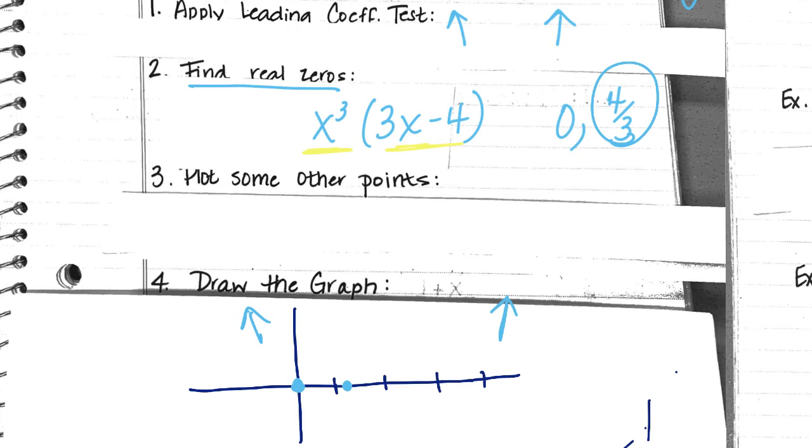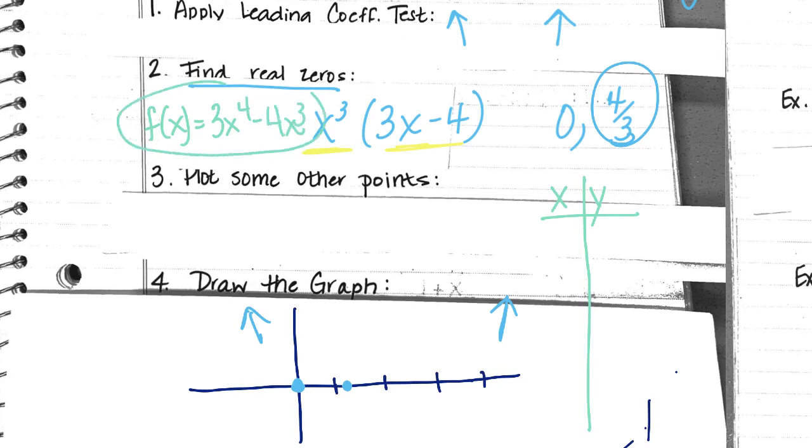erase those because I'm going to show a different graph. But the next thing says to plot some points. Well, I've lost my graph, or my equation. My equation was f of x equals 3x to the 4th minus 4x cubed. This is what we're working with. Now, the hard part, well, let's go ahead and plug in 1 first.